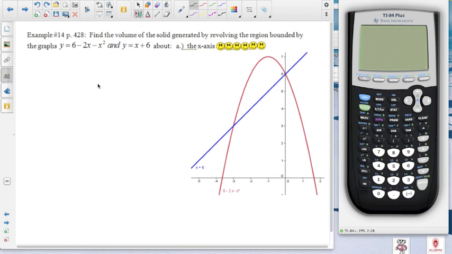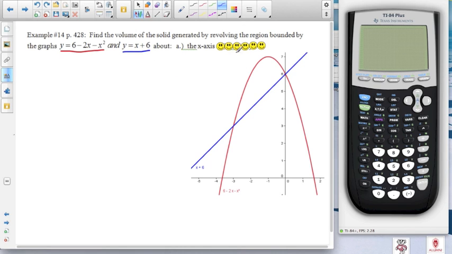Using the washer method with this problem, what you'll see is we have a quadratic expression and a linear expression that intersects that quadratic expression in two locations.